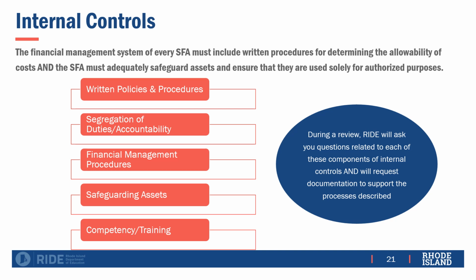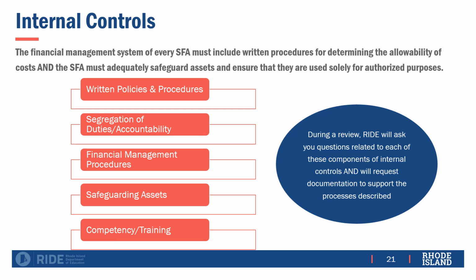As part of this process, we will ask SFAs about written policies and procedures, segregation of duties, accountability, financial management procedures, safeguarding assets, and competency and training of responsible staff. SFAs will be asked both to describe their process and controls and provide documentation that supports the processes described.